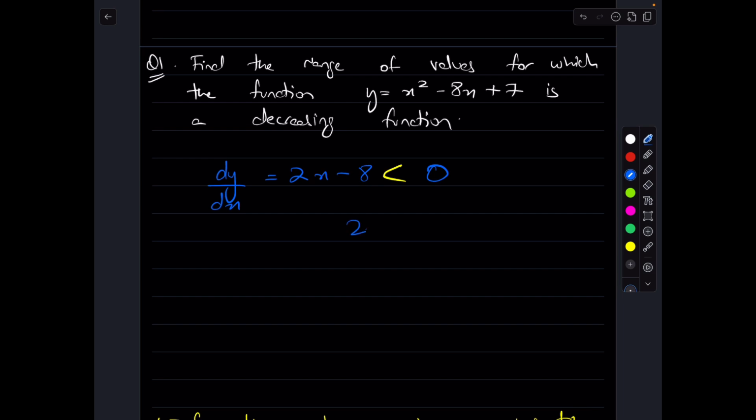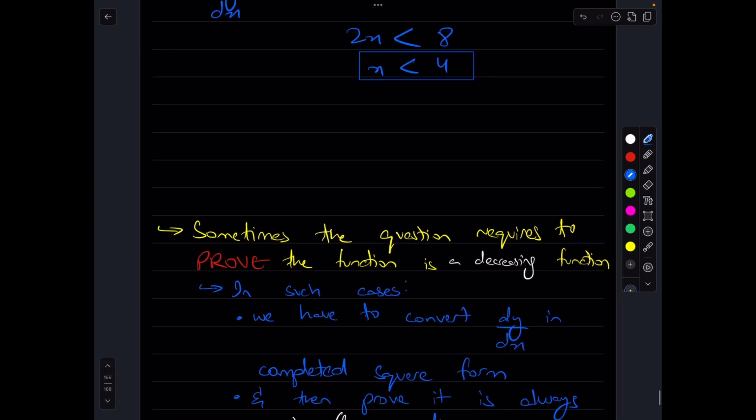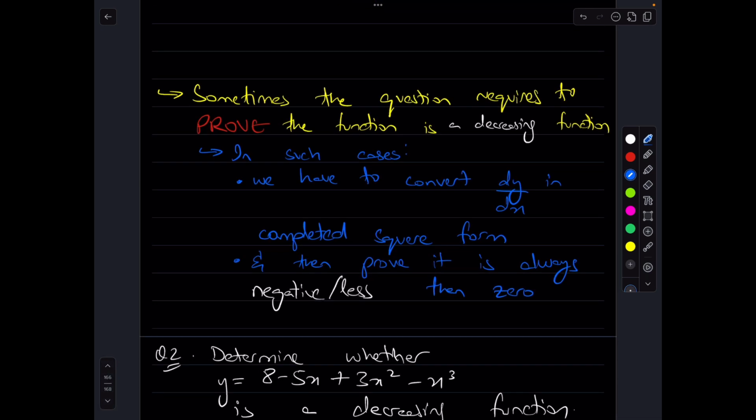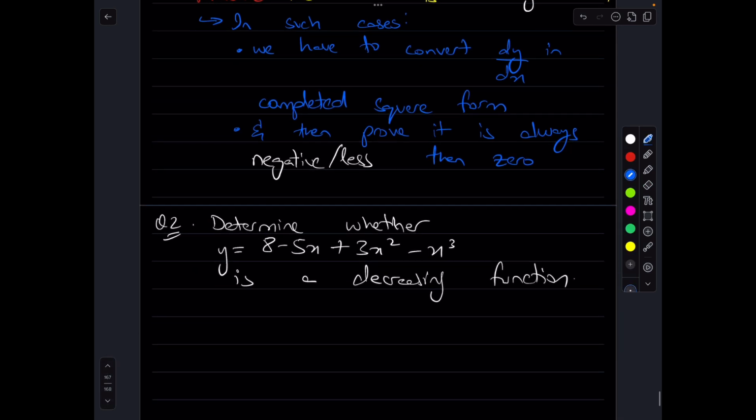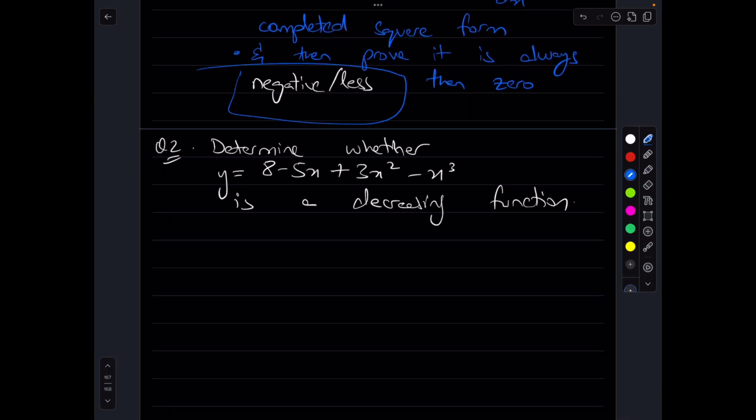Solving this would result in x is less than 4. So again, sometimes the question may ask you to prove. Whenever you are asked to prove, first of all find dy by dx and then complete the square to prove that it is always negative or less than 0.